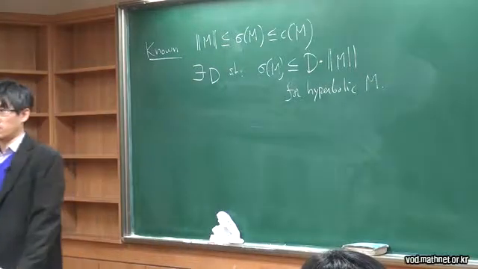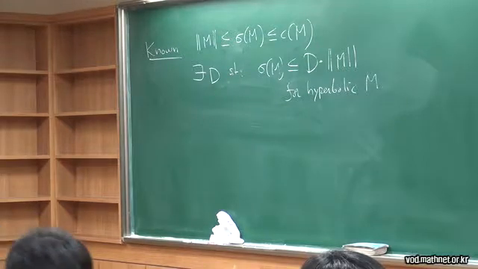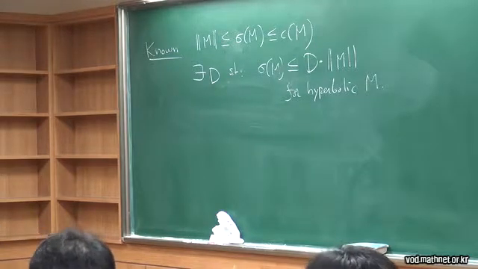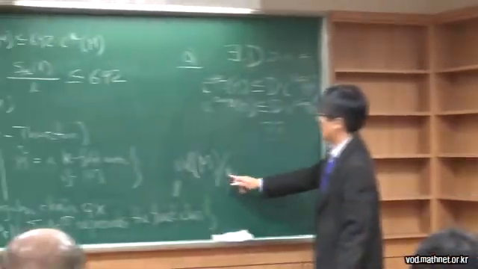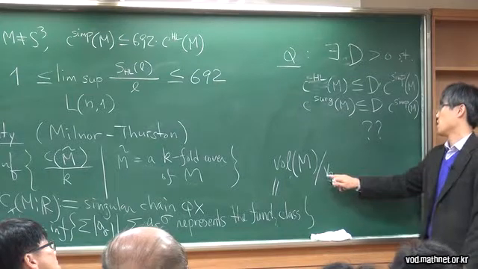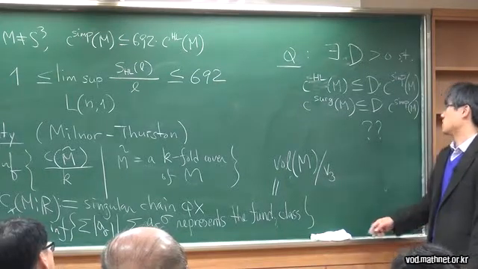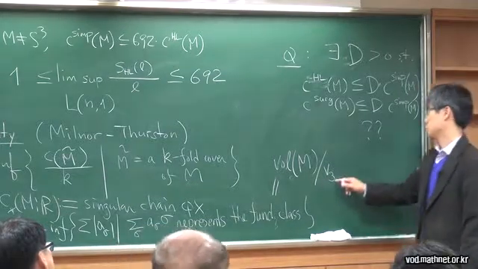Gromov norm is meaningful mostly for hyperbolic manifolds because it's known to be the hyperbolic volume divided by a constant V3, which is the volume of a regular ideal tetrahedron in H3, hyperbolic space.